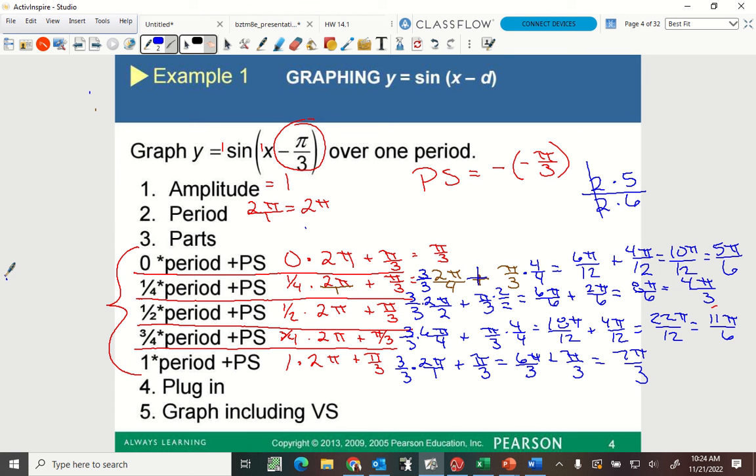How did you get the 6 pi? How did I get 6 pi over 3? On the 3 over 4, how did I get 6 pi over 4? Okay, so right here, this is 2 pi over 1, right? So multiply straight across. So 3 times 2 is 6, right? There's my 6 pi, and the 4 times 1 gives me the 4.